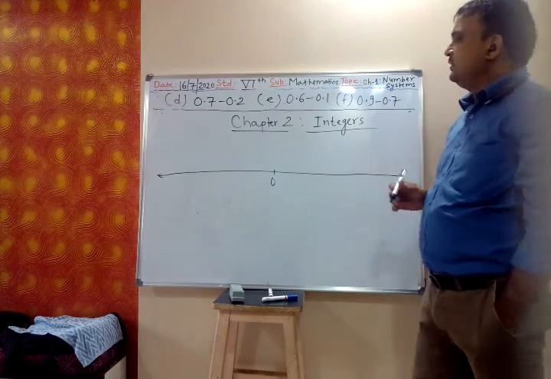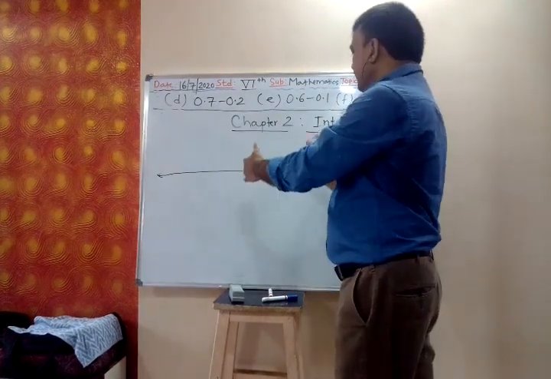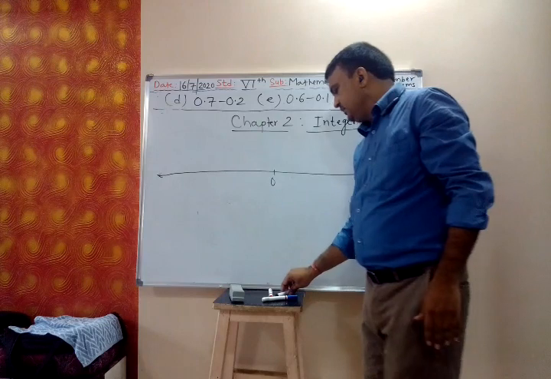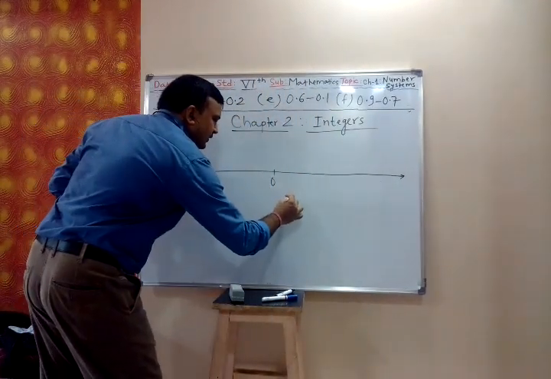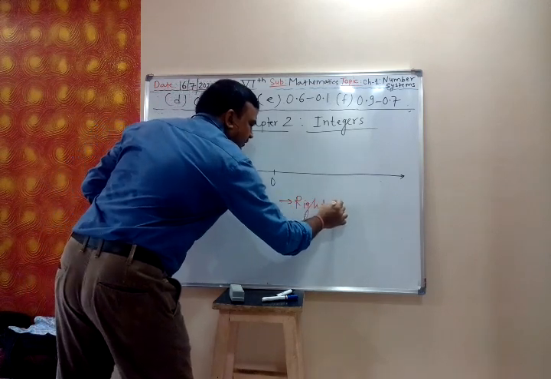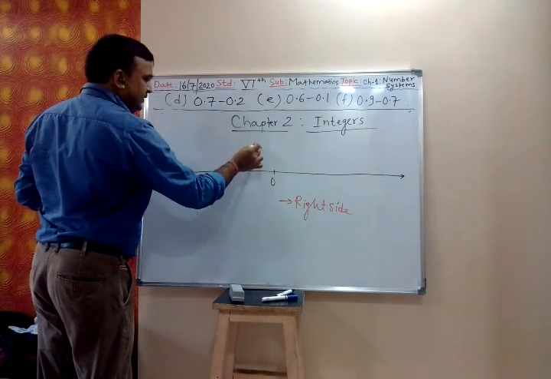Draw it with a pen. To the right of 0, this is my right side. And this is my left side.